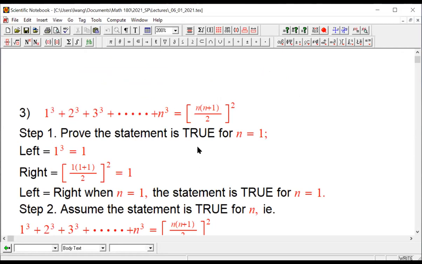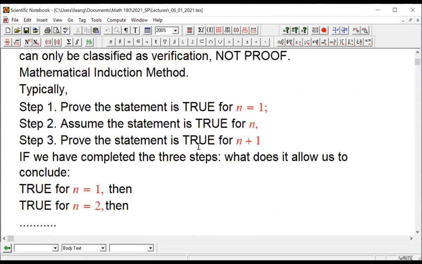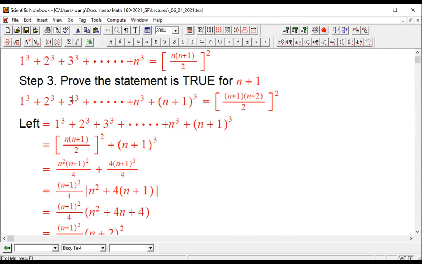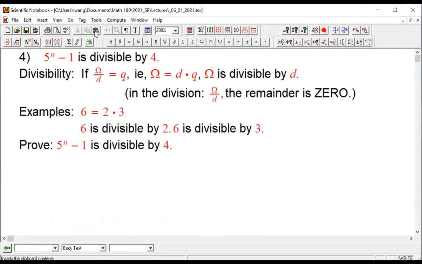We still have those 3 steps. So you see consistency: 3 steps, 1, 2, 3.